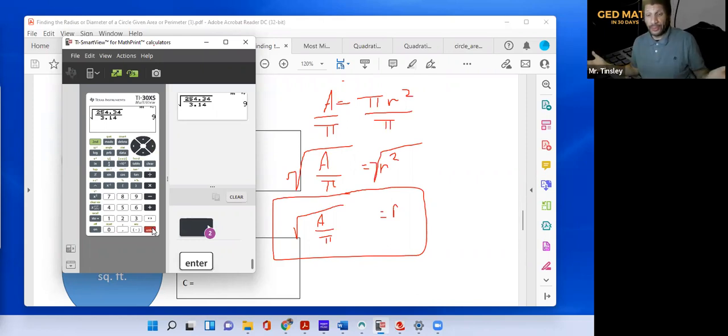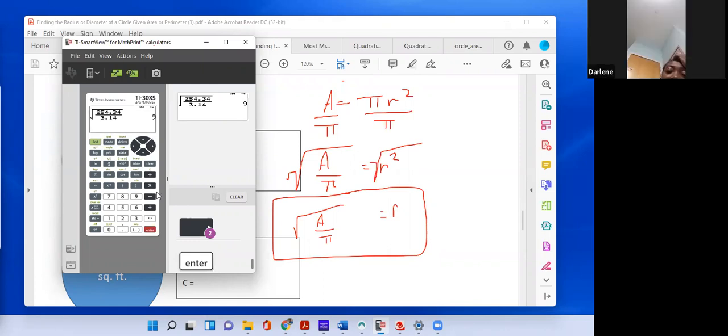Okay. So I'm telling you that for a circle, you're going to either have to find a circumference or area, or you're going to have to find the radius or diameter given the circumference or area. Those two formulas I would remember, or I would know. Now, if they ask for the diameter, what am I going to do to this 9?